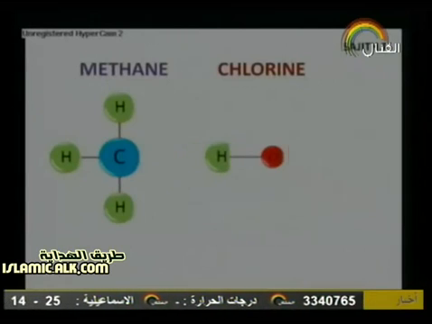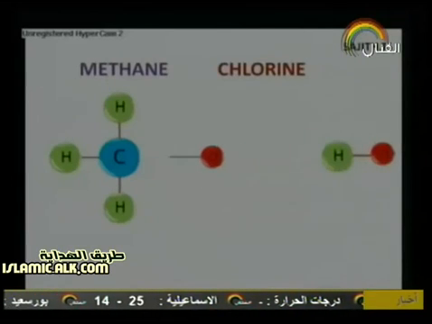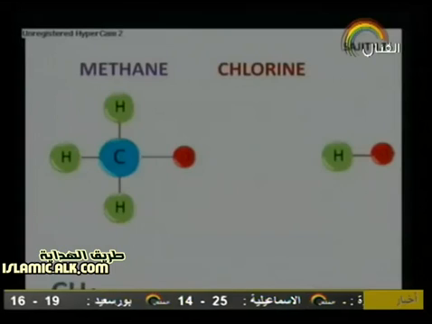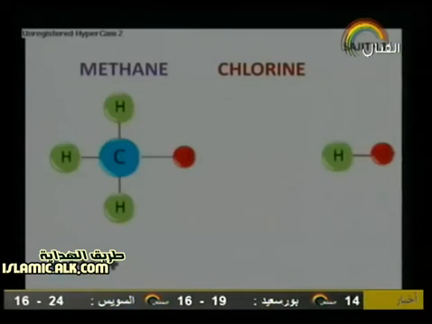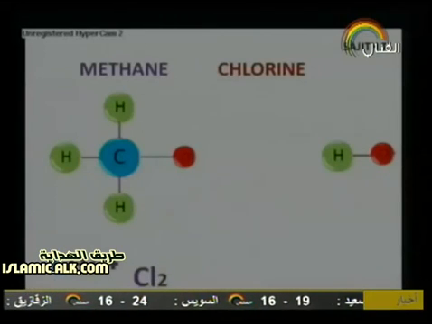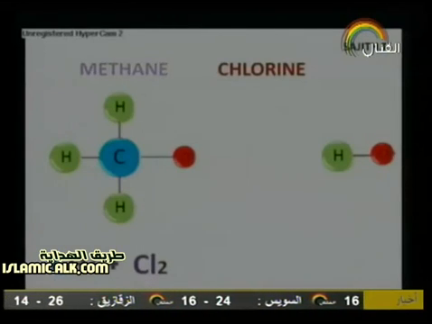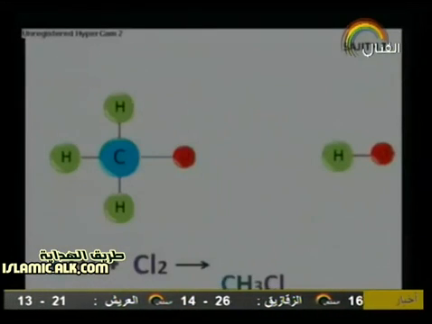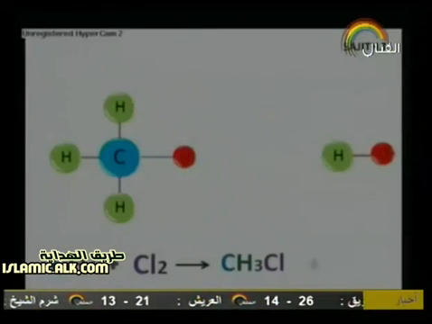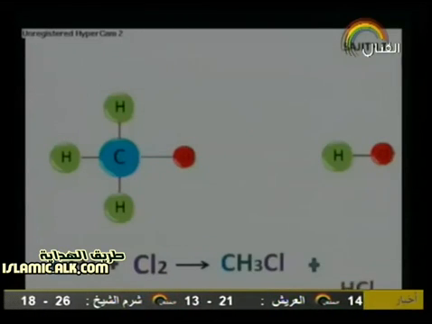Here, this is a substitution reaction, as the hydrogen is replaced by chlorine, forming CH3Cl and HCl, which are the products of the reaction. And the reactions will continue, as we are going to show later.